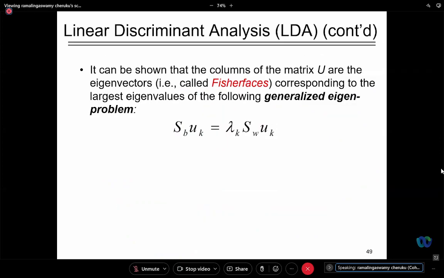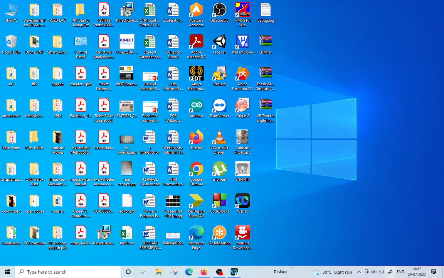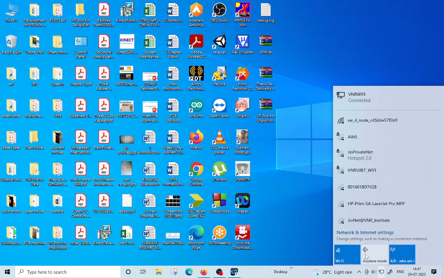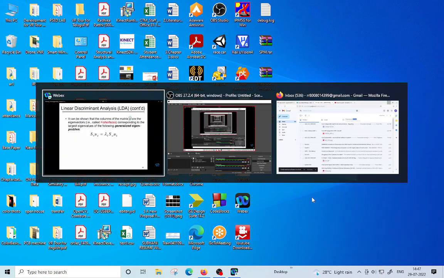Now it can be shown that the columns of the matrix U are the eigenvectors. What are these columns of U? Similar to eigenfaces, these eigenvectors are called Fisherfaces. That's why LDA is also called Fisher linear discriminant analysis.